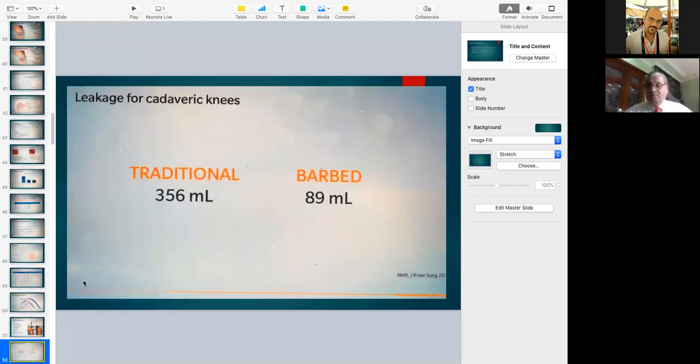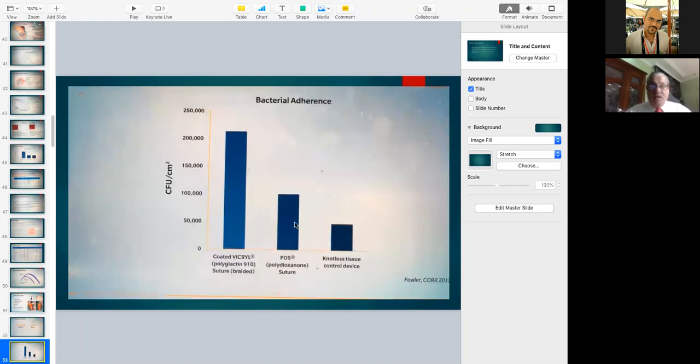There is some research comparing the traditional suture with the knotless. The wound leakage was 356 for the traditional and about 90 for the barbed one. And what about bacterial adhesion? It is less in knotless suture in comparison to the Vicryl.